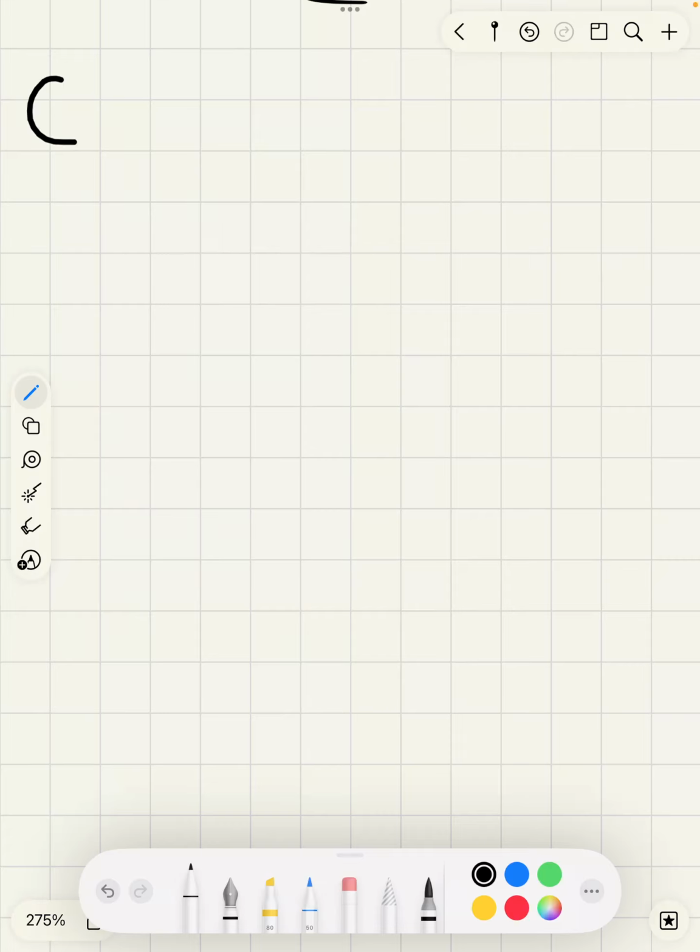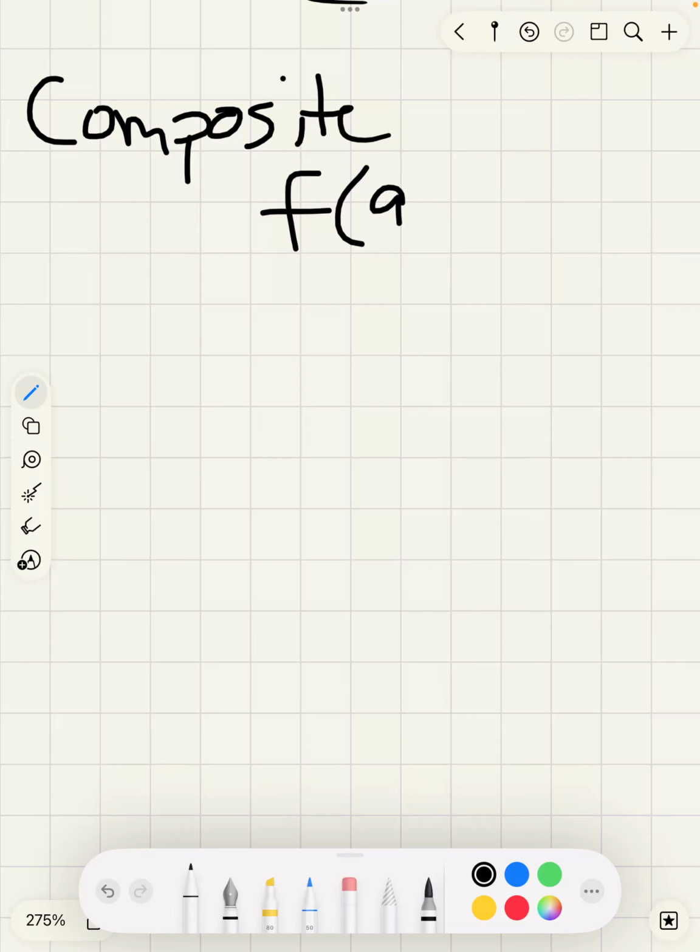When we say that a function is composite, it can be written in the form f of g of x, which basically means that we're taking some function g of x and plugging it into something else, f of x. Some examples of composite functions.